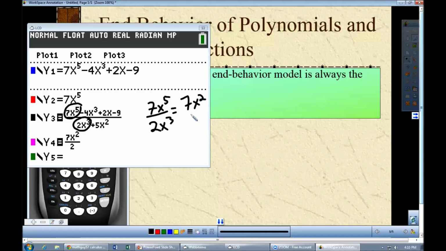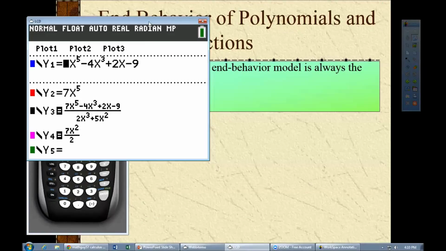7x squared over 2. So for rational functions, to find that end behavior model, we simply look at the ratio of the leading coefficients. We reduce that, and that's the end behavior model.